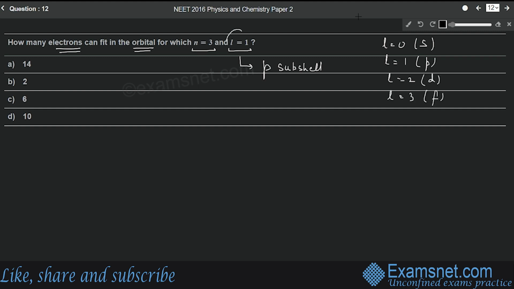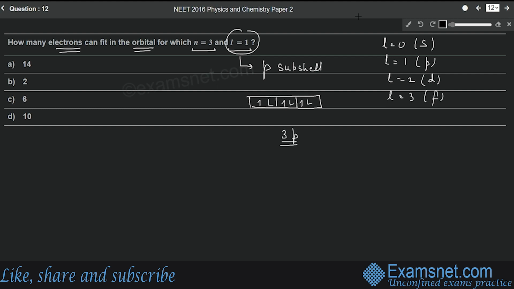Okay, so since L is equal to 1 we are talking about p subshell. Now how many orbitals are there in p subshell? 3 orbitals. Okay, so it will be 3 orbitals here, and when we fill the electrons then it will be 1 2 3 4 5 6 for 3p.